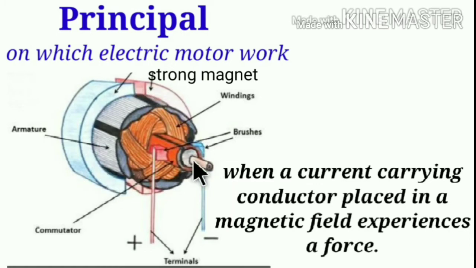This is the current carrying conductor, and when this current carrying conductor is placed in the magnetic field of these two strong magnets, it experiences force. So again see, when a current carrying conductor is placed in a magnetic field, it experiences a force. This is the principle on which electric motor works.